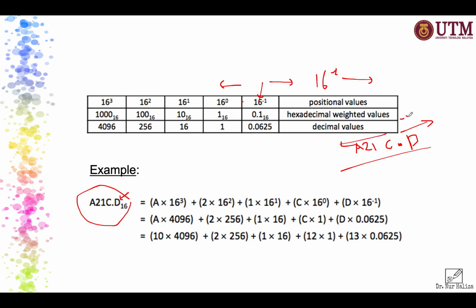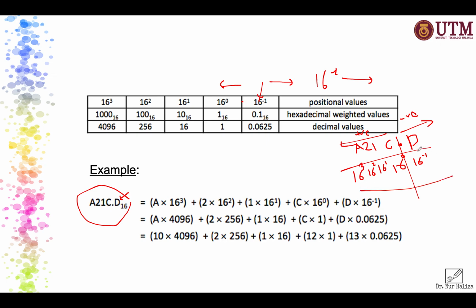Right is negative and left is positive. Over here you have 16 to the power of -1, 16 to the power of 0, 16 to the power of 1, 16 to the power of 2, and 16 to the power of 3.